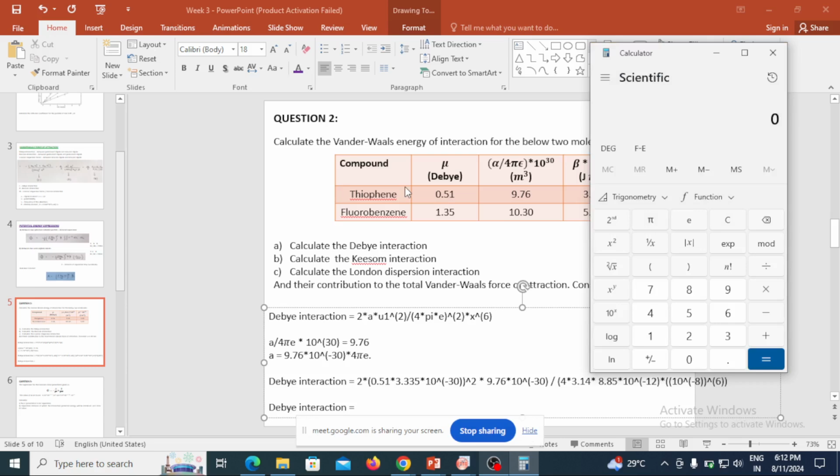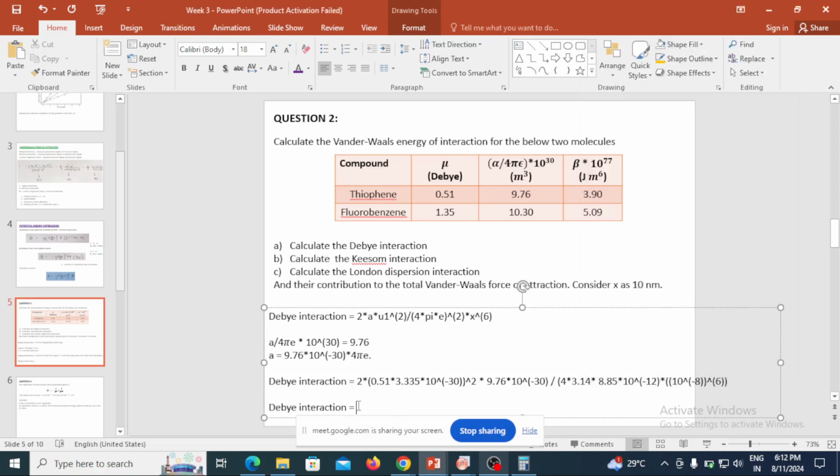So let's just deal with the square term. It is written 0.51 times 3.335, that whole square, 2.89289.